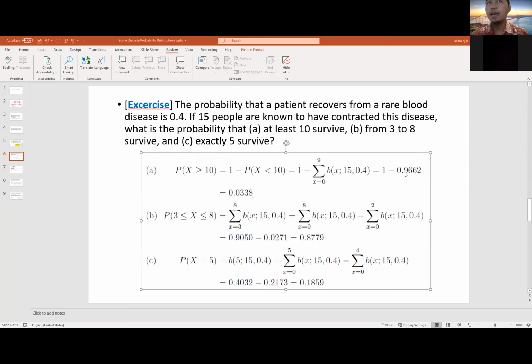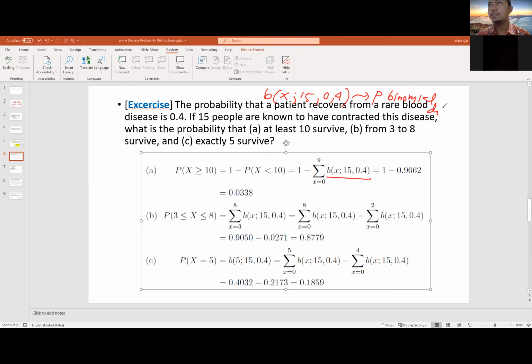But actually the notation like this, B(x; 15, 0.4), is a formal notation to compute probability from the binomial distribution.